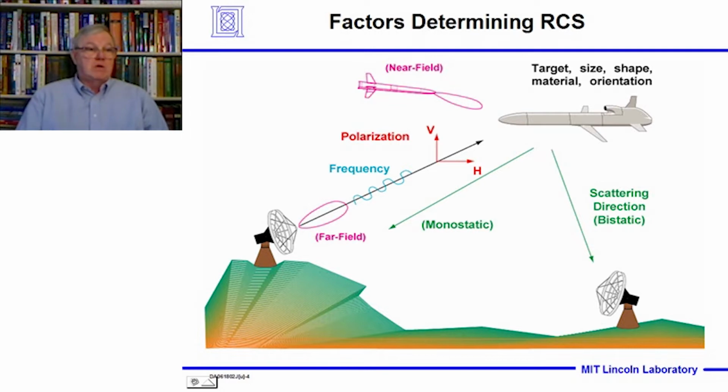Now you can imagine when you have a bistatic radar system, when designing that system, you're going to want to know the bistatic cross-section. That is, the cross-section not just as a function of the orientation of the object, but the orientation of the radar relative to the object and also the orientation of the receiver.